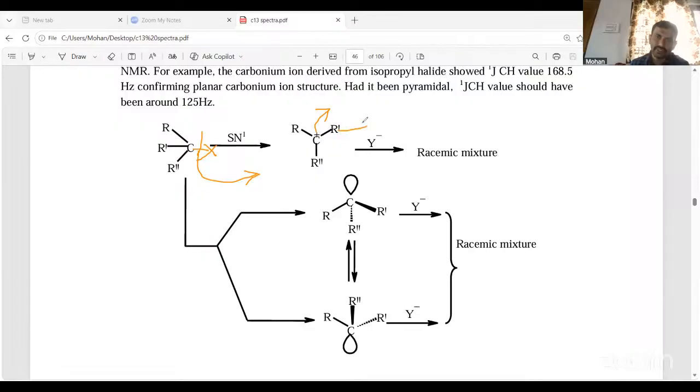One is the planar structure, and the other is pyramidal.